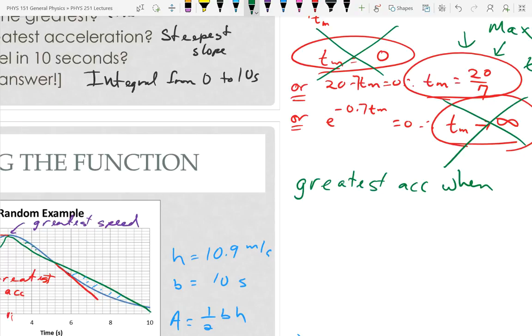You just set every function to 0 and take the derivative? Other way around. Take the derivative and set that equal to 0. So when the derivative of the acceleration with respect to time is equal to 0. So that's when the jerk is equal to 0? That's correct, when the jerk is 0.